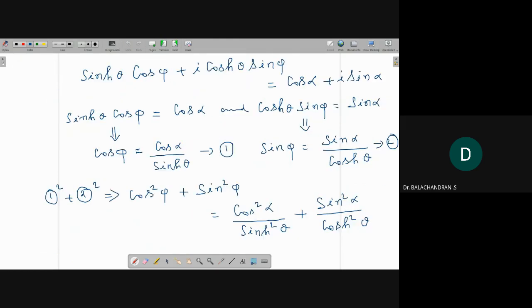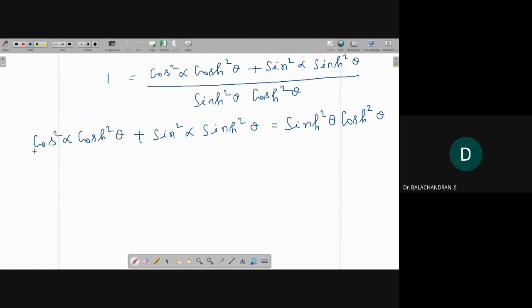So remaining, I think I need to convert. I don't disturb cos square alpha because I have it in the final answer. But I don't have cosh square theta in the final answer. So I need to convert. How to convert?